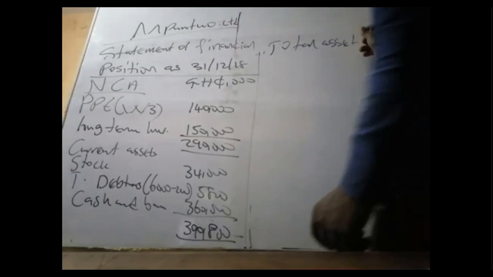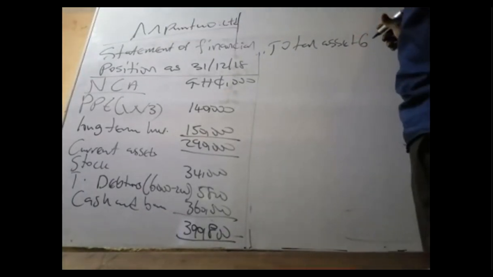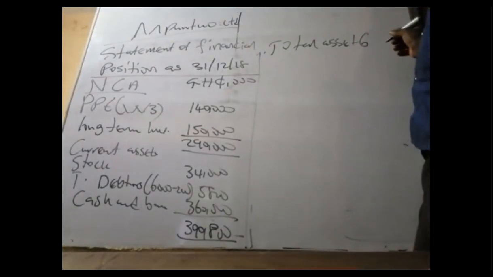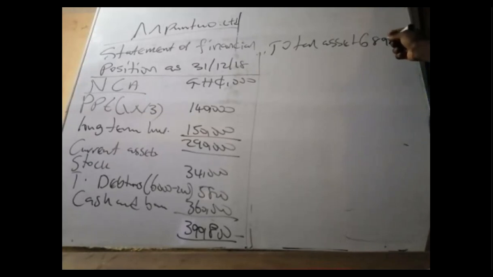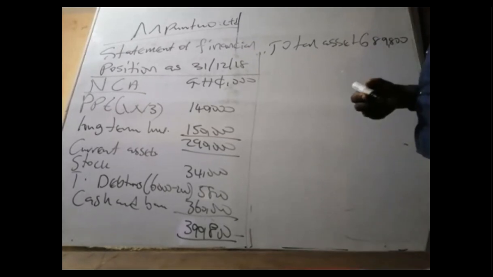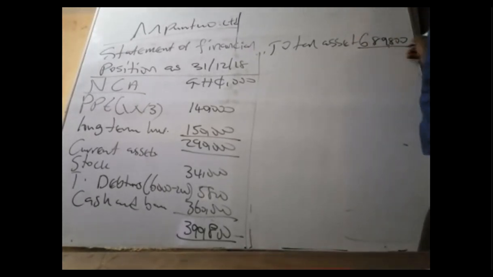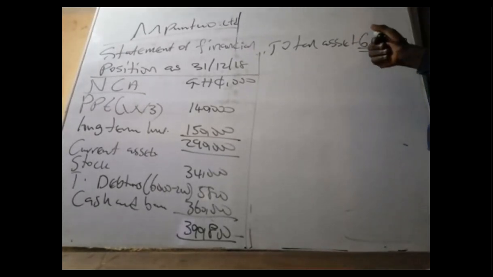Let's put it down. It should be 800. Okay. So double underline it. Then we are done.